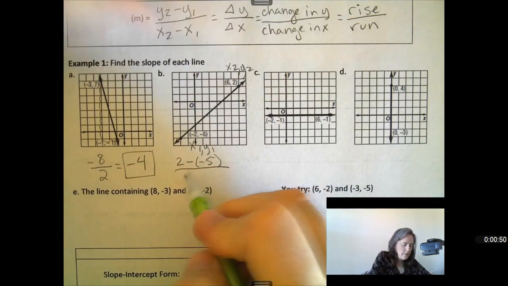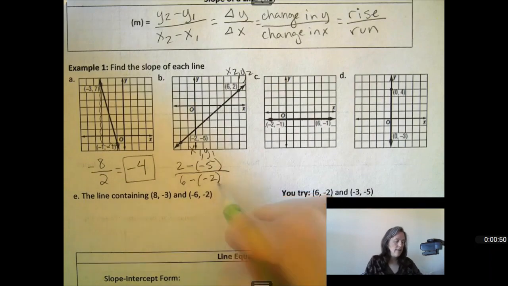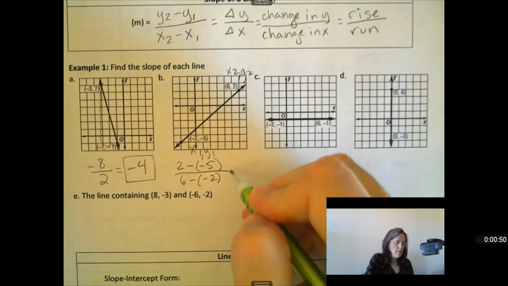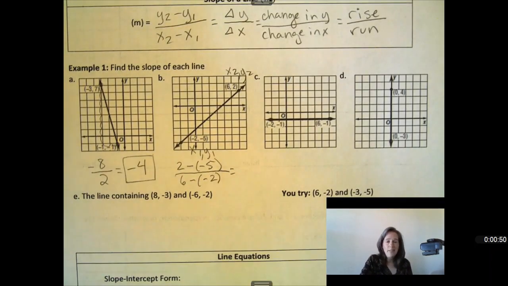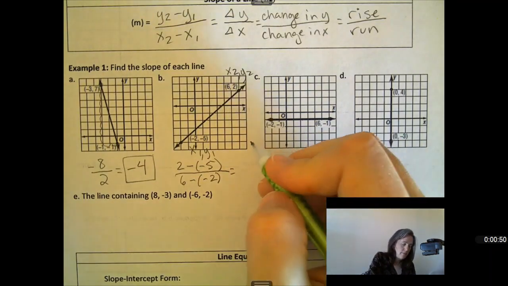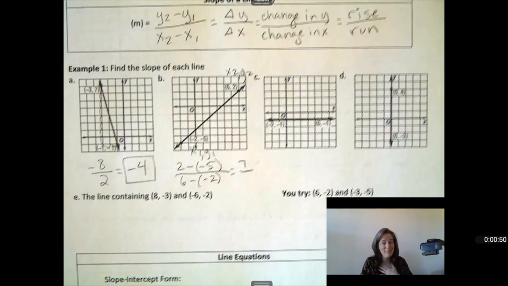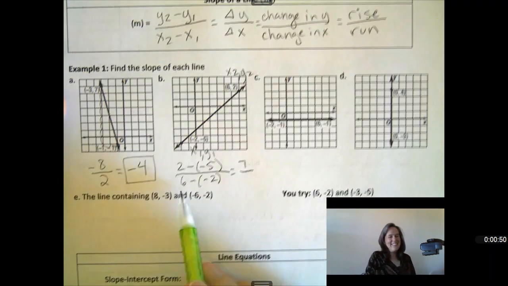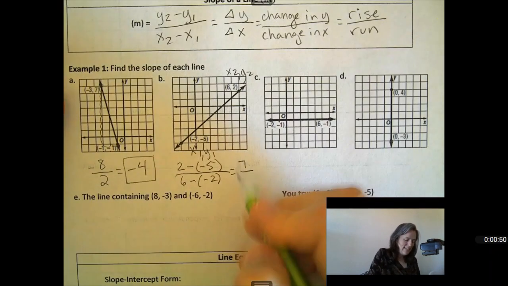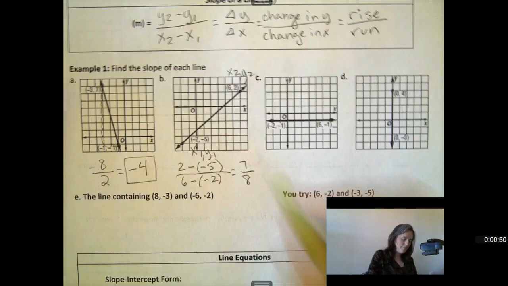And we'll take our x2, 6, and subtract our x1, -2. All right, so 2 plus 5, that is 3. Wait a second, 2 plus 5 is 7. Don't listen to me. Okay. And then 6 plus 2 is 8. So this time we got a slope of 7/8.